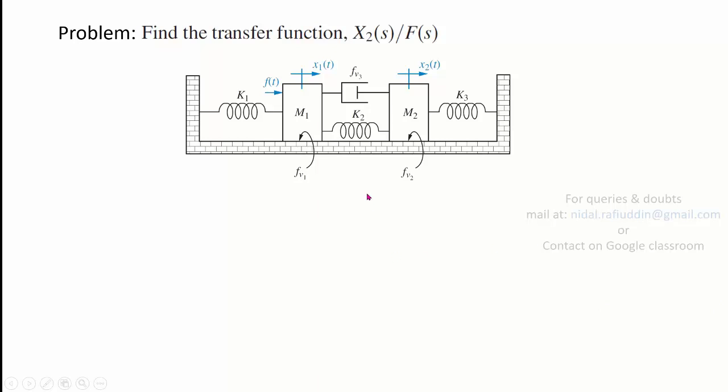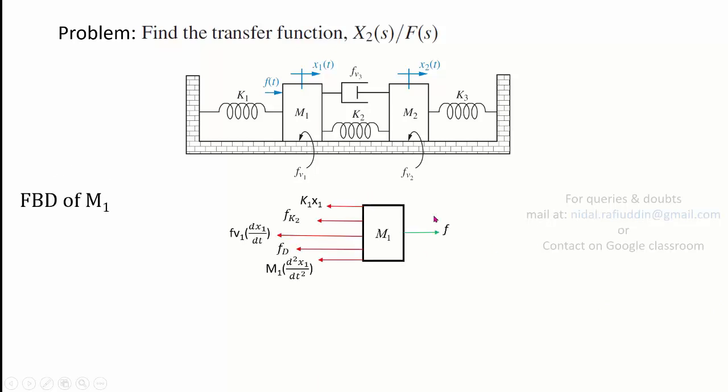So if you apply D'Alembert's principle to mass m1, this is the free body diagram where you apply force. F is the input provided to M1, and the resisting forces that exist here will be because of spring K1, because of friction Fv1, because of dashpot Fv3, because of spring K2, and because of mass.